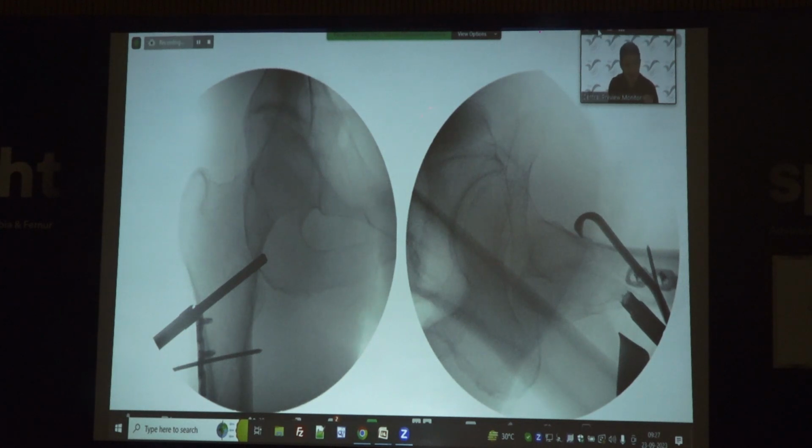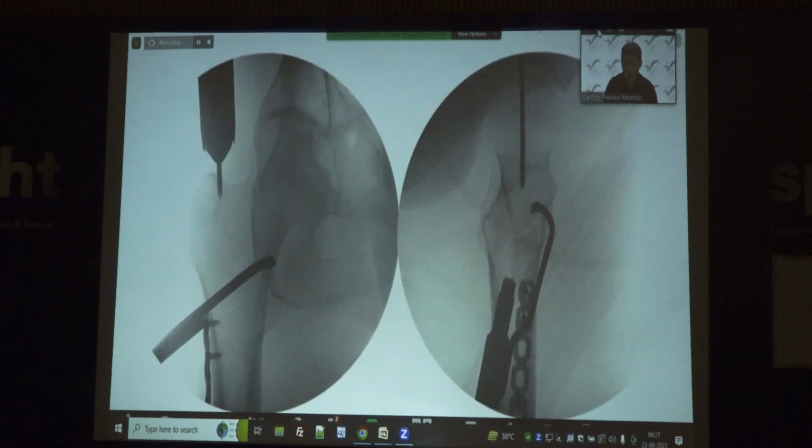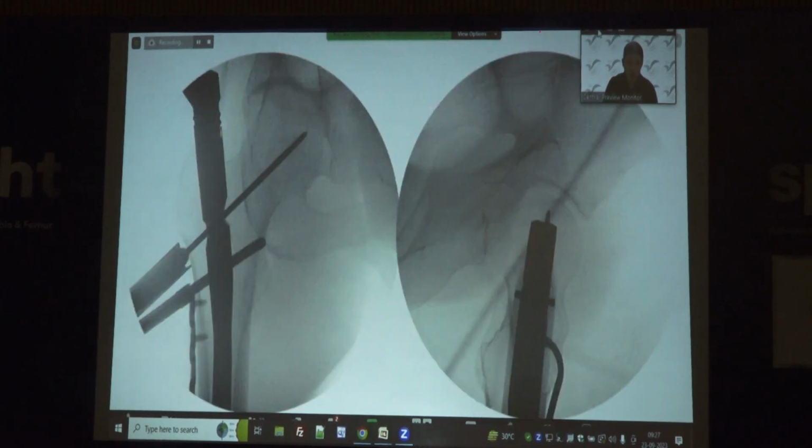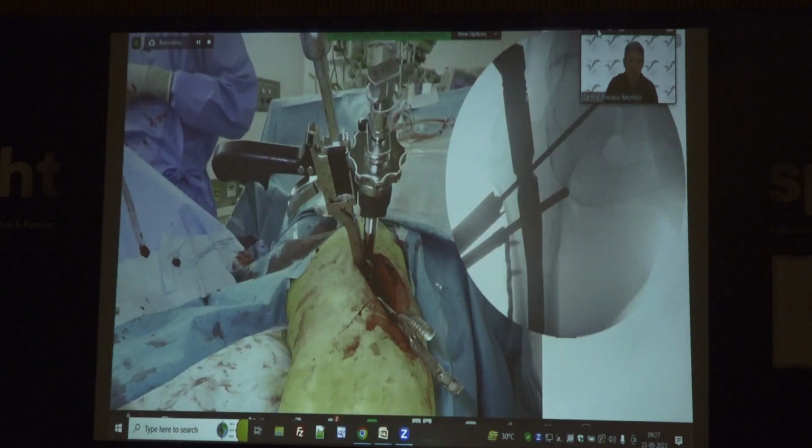After that, it was just a simple intertroch fracture. So I used the collinear clamp for the reduction of the IT fracture and did my reduction and started nailing it. Using the hollow reamer, that will reduce the fracture, shoot down the nail, and the center, trying to be a center position, although it was not a perfect position.